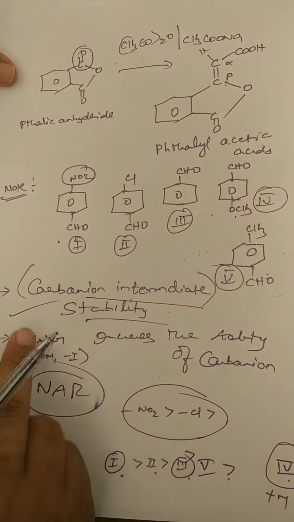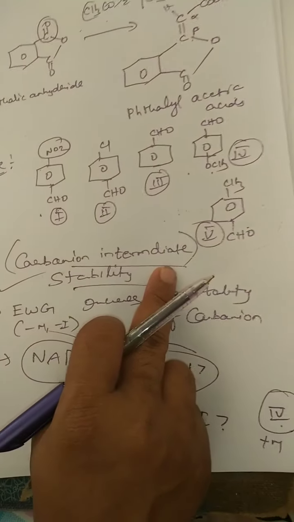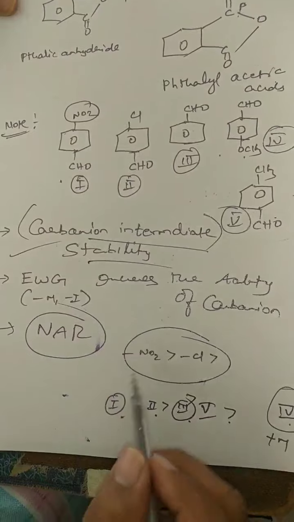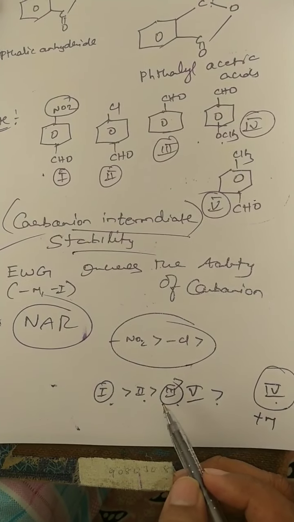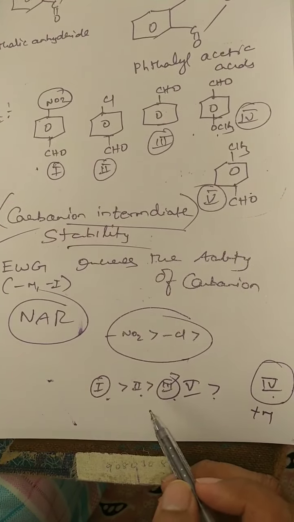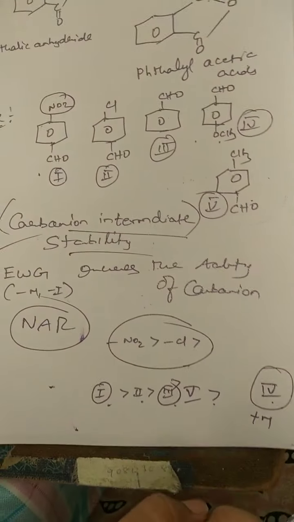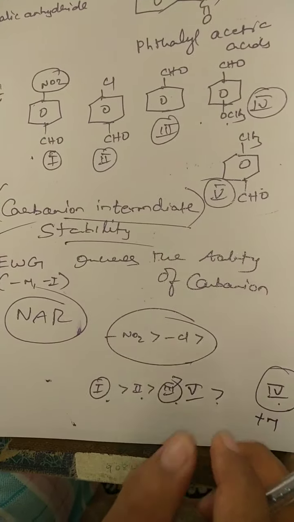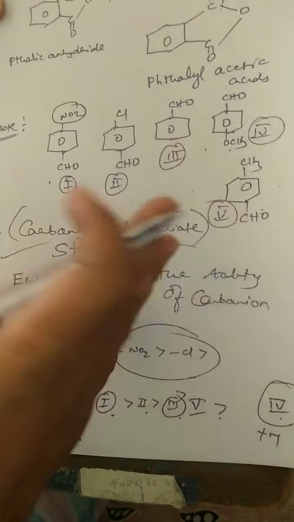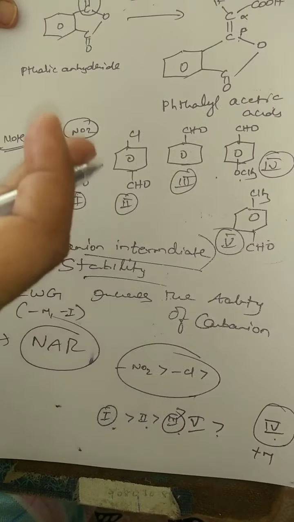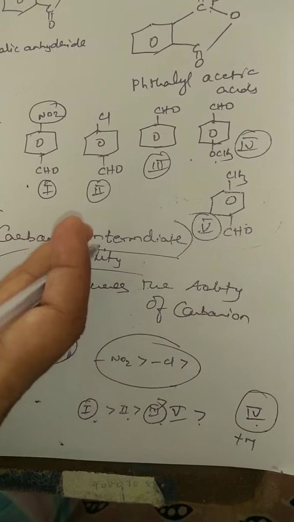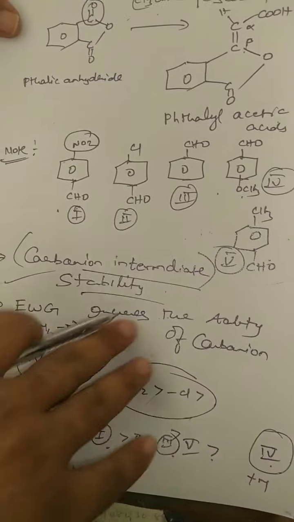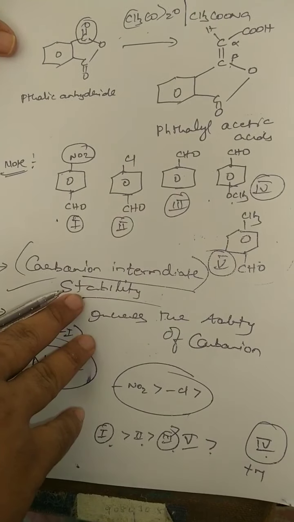So if carbanions are given, go by carbanion stability. If aromatic aldehydes are given, go by the power of the electron withdrawing group. The group with greater withdrawing power will undergo nucleophilic addition reaction effectively. Very, very important. Not only Perkins reaction, most of the reactions we are discussing come under the category of nucleophilic addition reactions.